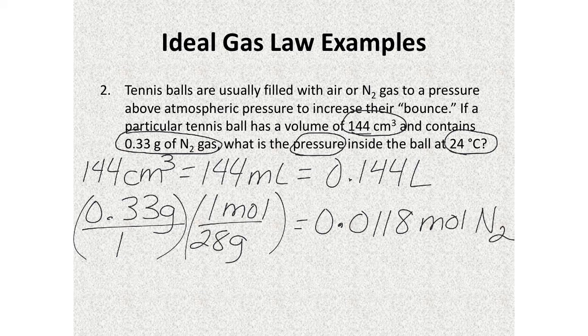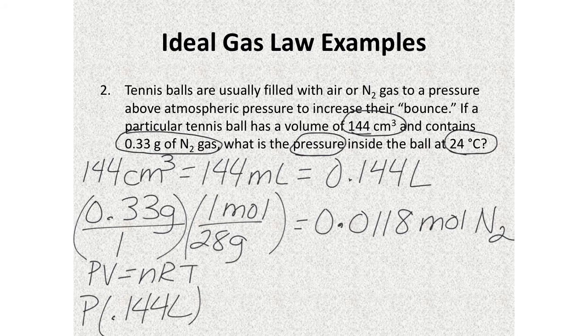All right, now we can start plugging into PV equals nRT. Pressure is what we're looking for. Again, the volume is 0.144. All right, our moles we already found, so we just plug those in.